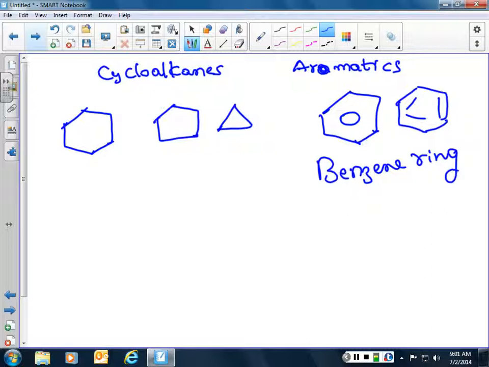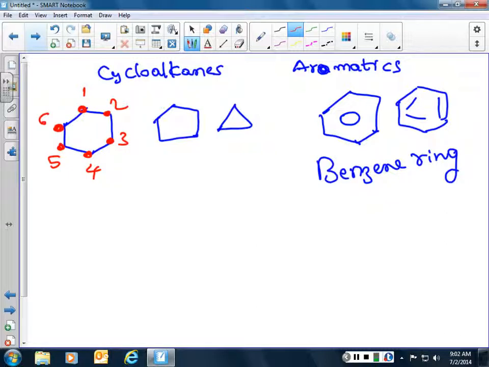Now, for the cycloalkanes, let's count the carbon. We could start from any point because there is no point we have preference. 1, 2, 3, 4, 5, 6.